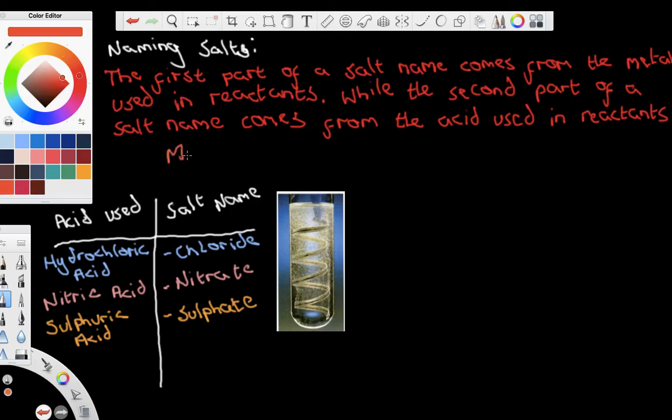You have written this down so you haven't got to do it again: a metal plus an acid will always make a salt plus hydrogen gas.